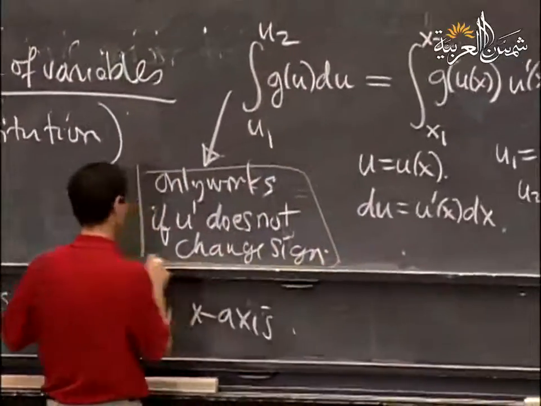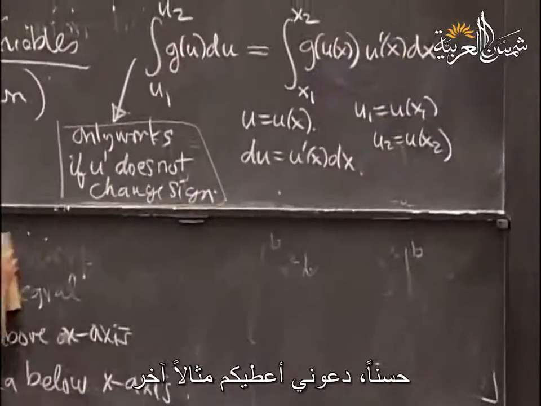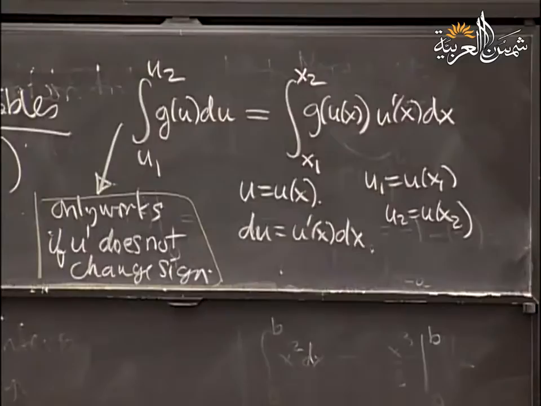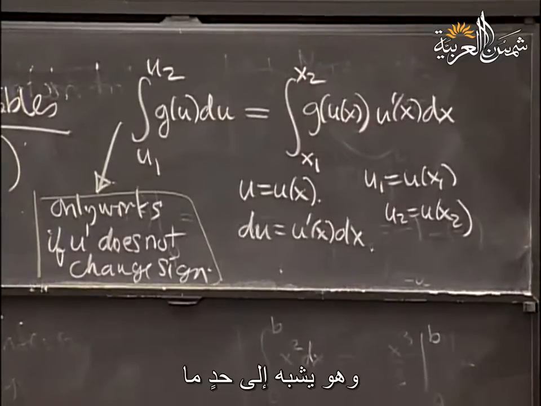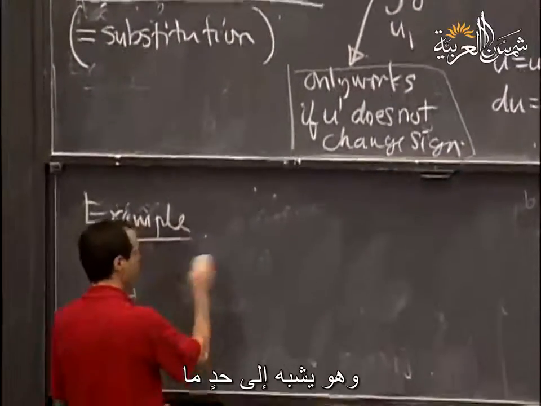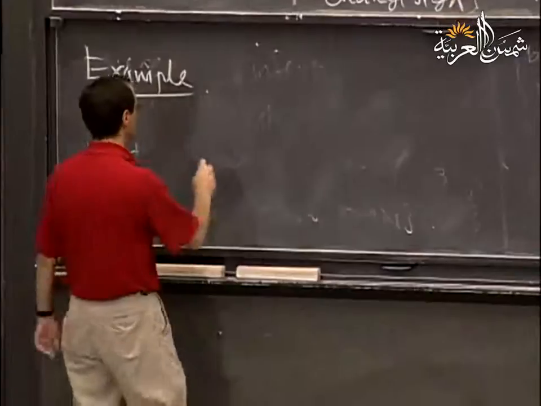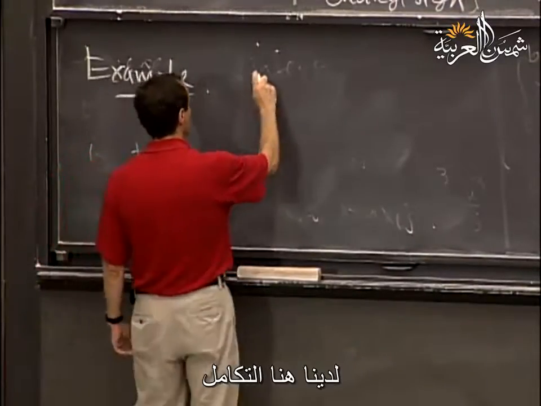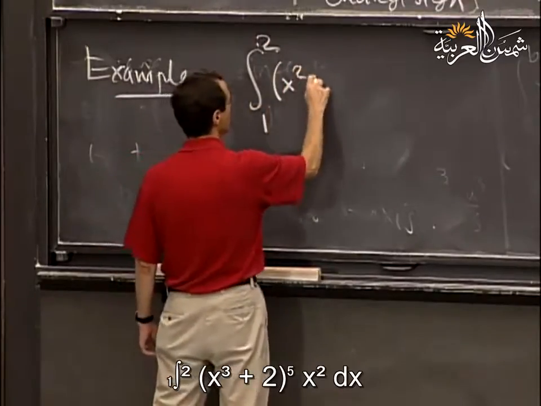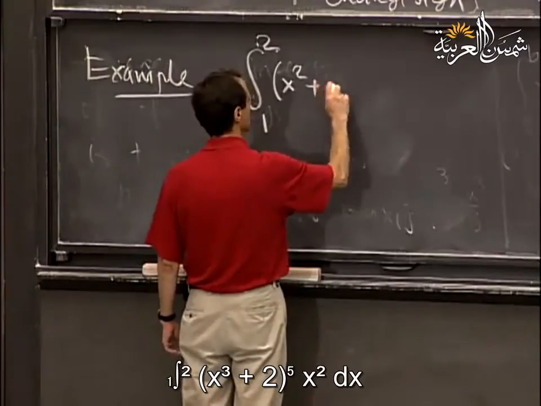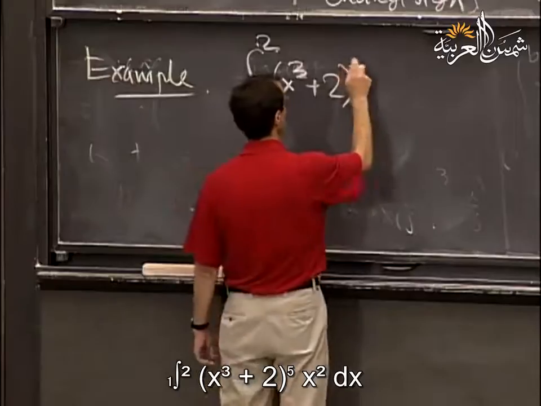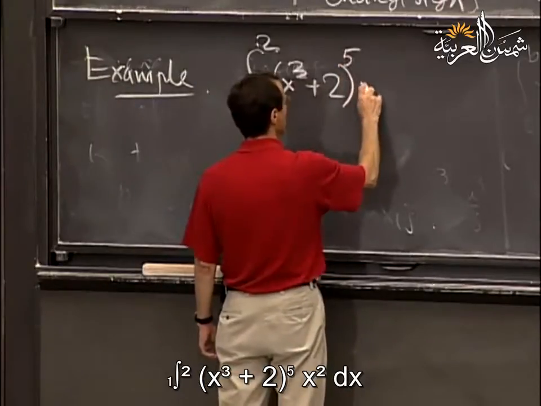All right, let me give you an example. The example will be maybe close to what we did last time, when we first did substitution, I mean. So the integral from 1 to 2, this time I'll put in definite limits, of x cubed plus 2 to the 5th power times x squared dx.